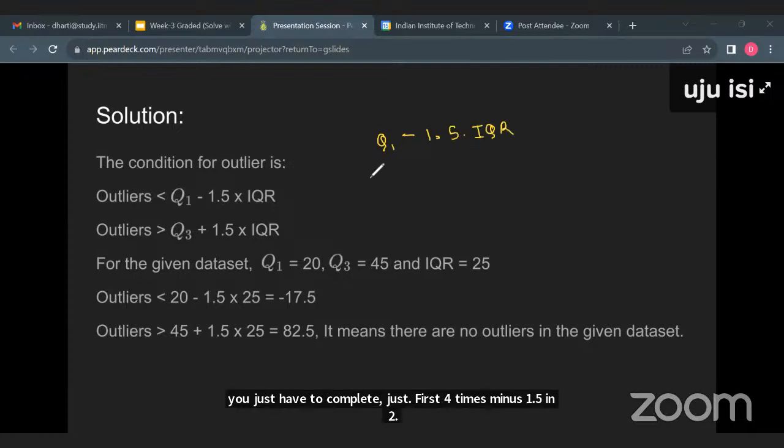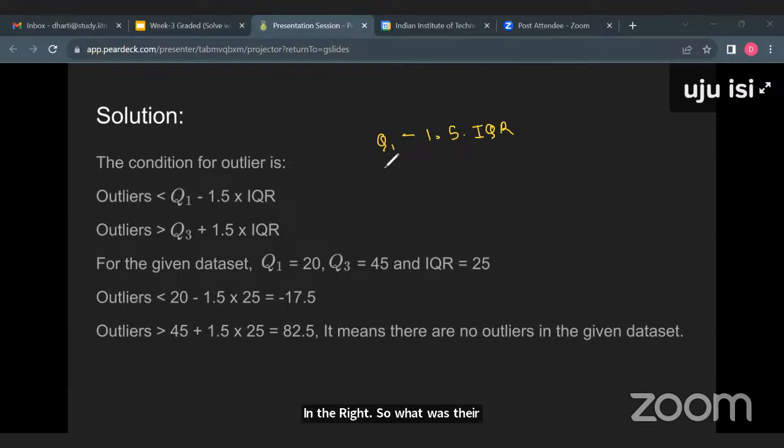What was your first quartile value? It was 20, right? We have calculated it. Minus 1.5 times the interquartile range, which was 25. We just calculated it. This value will be minus 17.5.